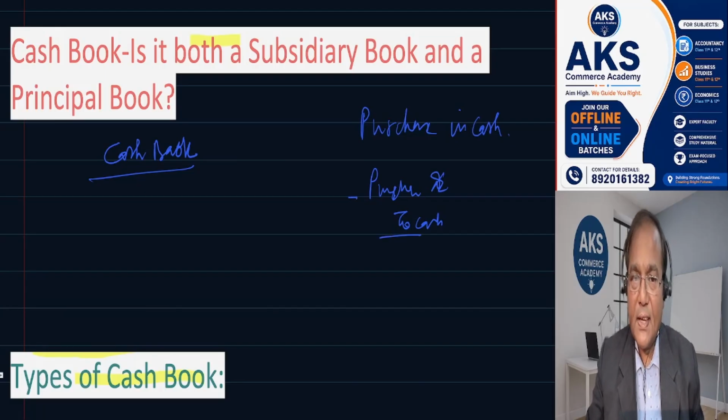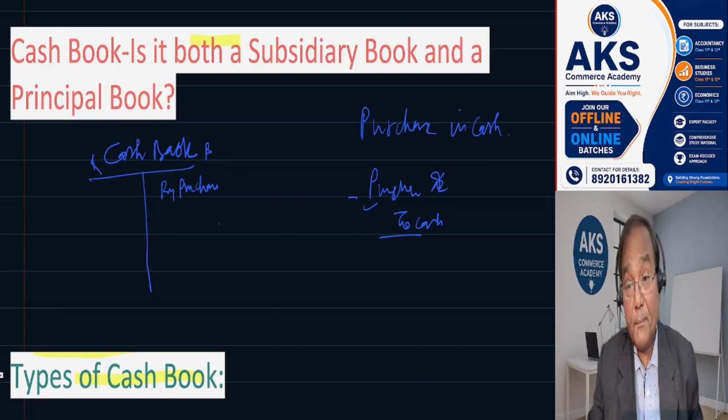So what happens in the cash book? This is the receipt side, this is the payment side. We will enter this purchase in the cash book by purchases. We are not going to enter this in the purchase book. Why? Because this is a cash purchase.